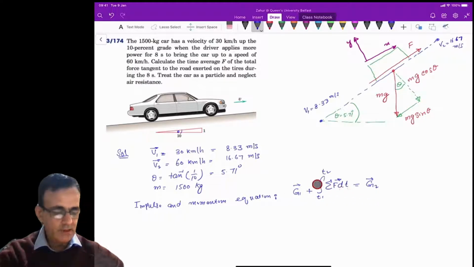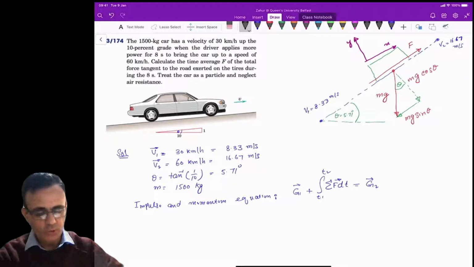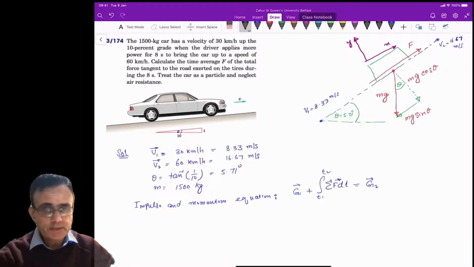But we can also write this in graphical form, so that we identify all the known and unknown in our calculation.